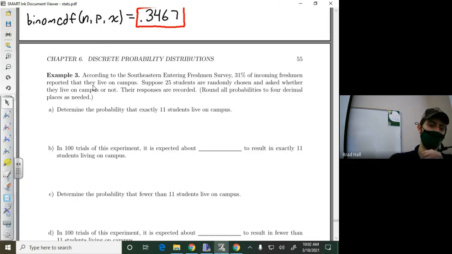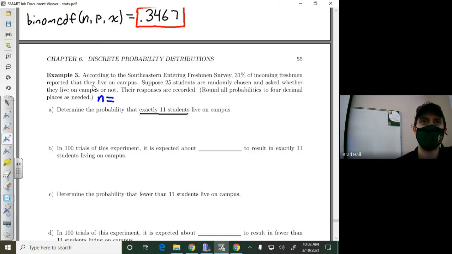From here, we're going to start off by determining the probability that exactly 11 students live on campus. So in this word problem, from the premise of the problem, we see the number of trials.